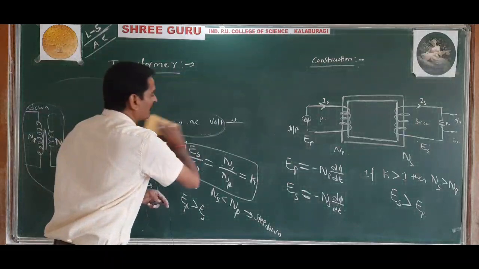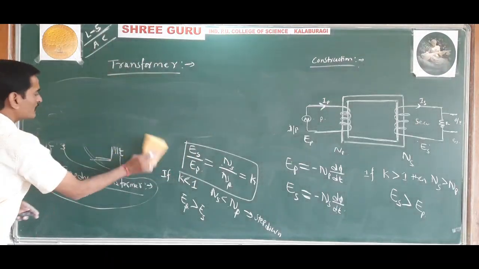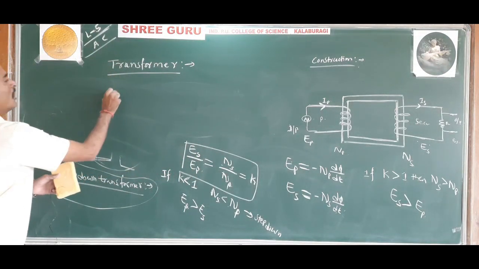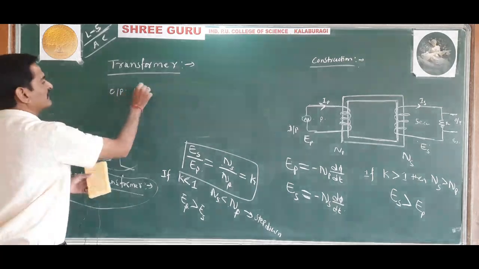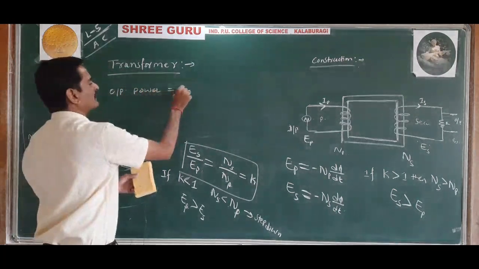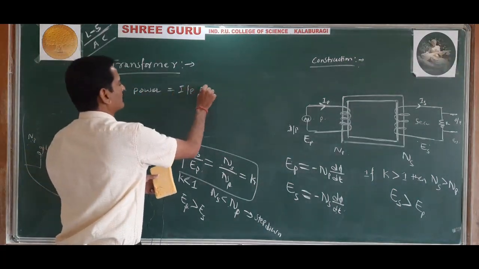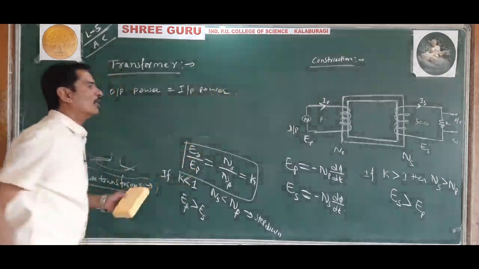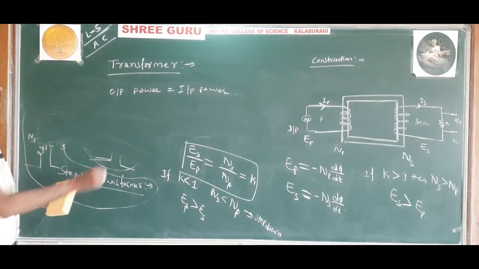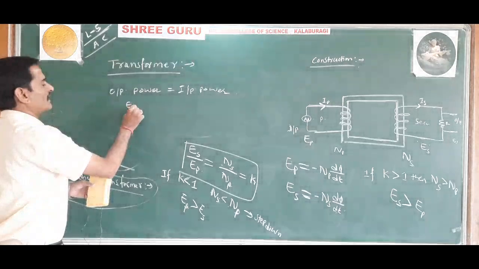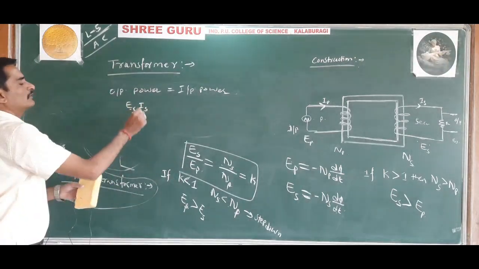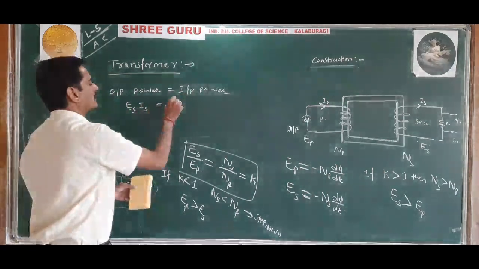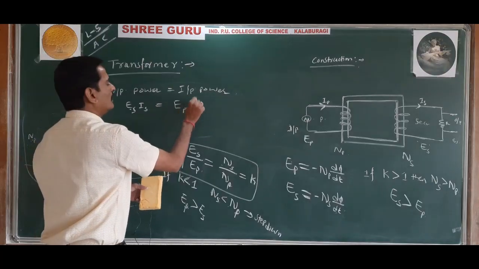Thus, for an ideal transformer, output power is equal to input power. That is, output power is written as ES into IS, which is equal to input power, written as EP into IP.